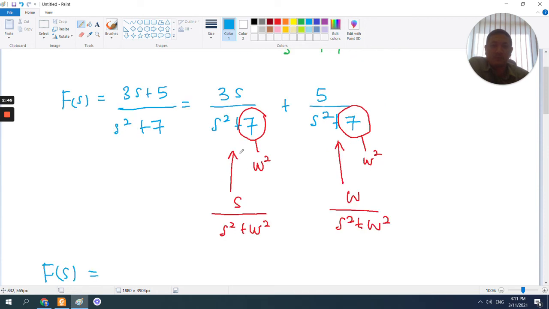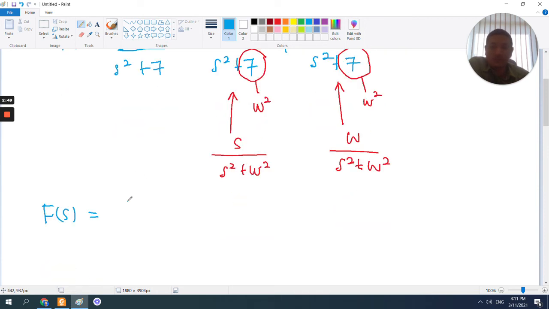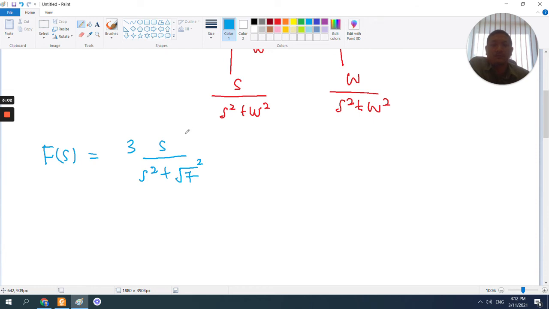So here we have 3s over (s squared plus, now let's change this into this term) plus 5 over (s squared plus the square root of 7, squared), which will actually cancel out and leave us with 7, the original value.